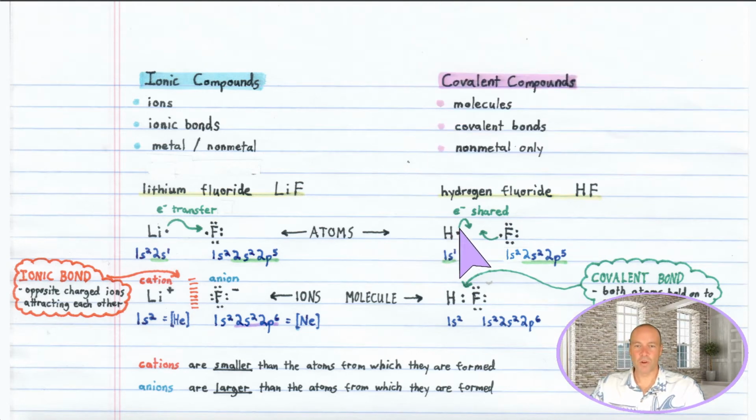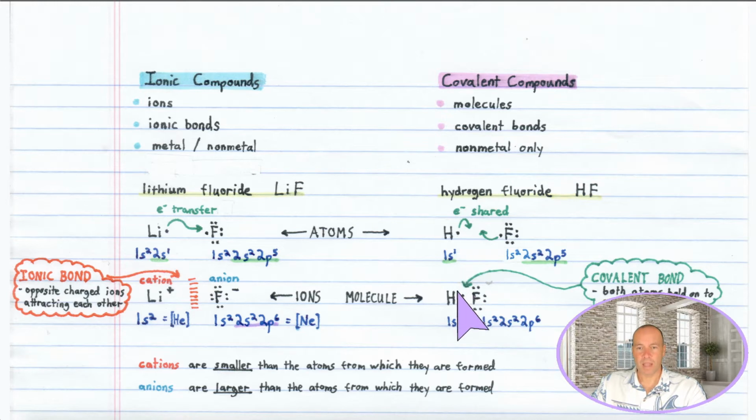So with the dot structures of the atoms, the way these atoms combine is through the sharing of their unpaired electrons. You see hydrogen's single valence electron and fluorine's single unpaired valence electron. The other ones are paired up. They can't be shared. But this one can be shared, and then these two electrons form a shared electron pair between the two atoms.